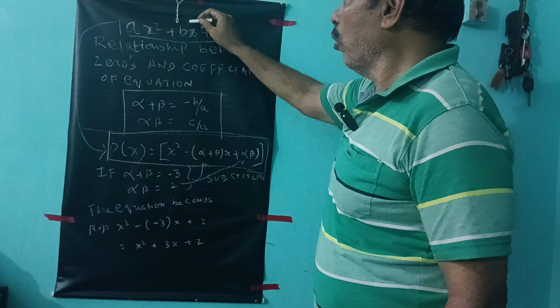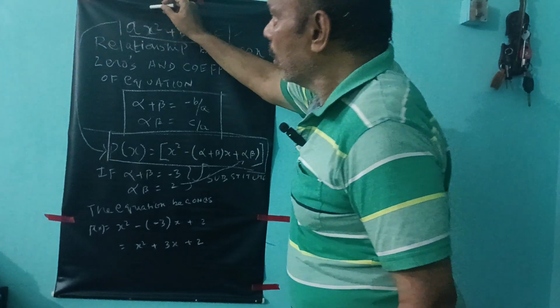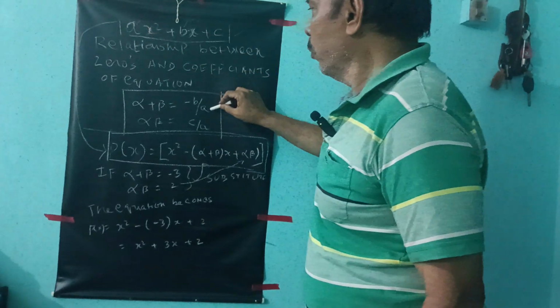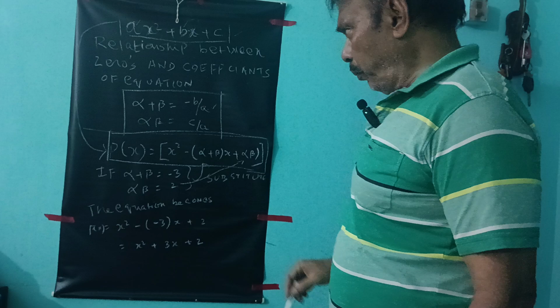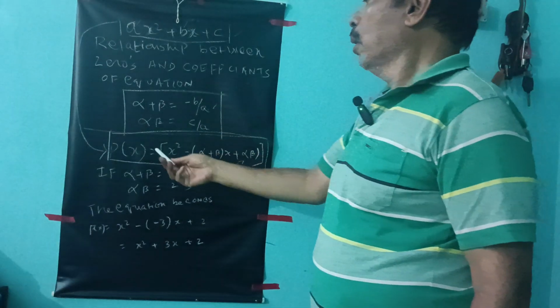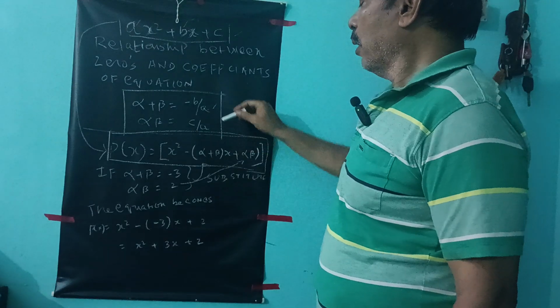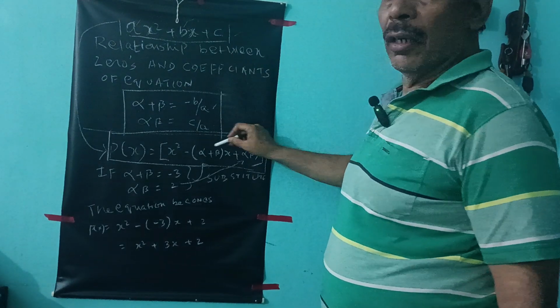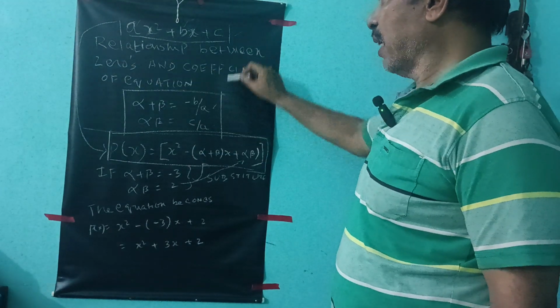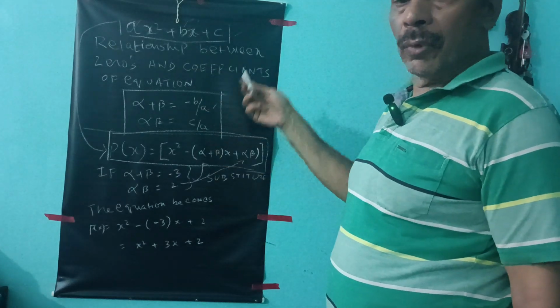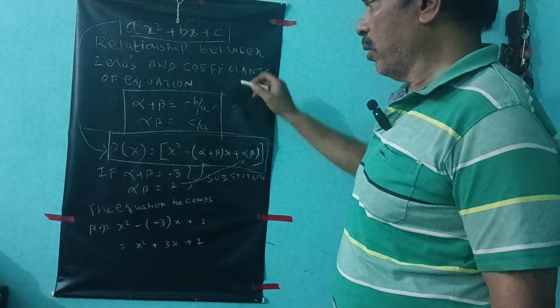This b is the coefficient of x, and a is the coefficient of x squared. Alpha beta is the product of the zeros, that is equal to c by a. This I explained to you in the last class, and I have worked out one problem with this also.